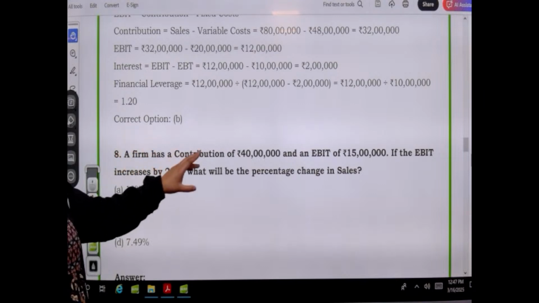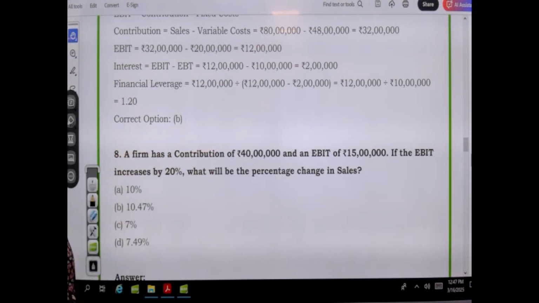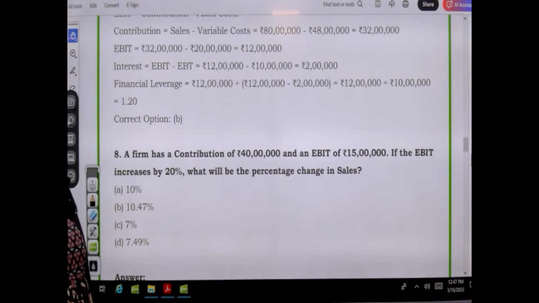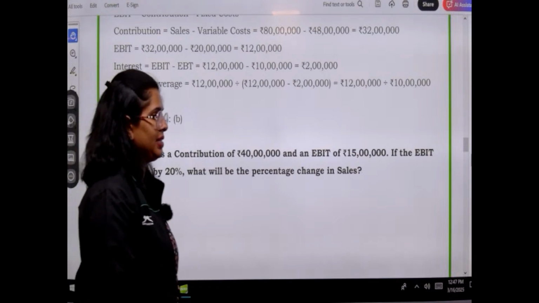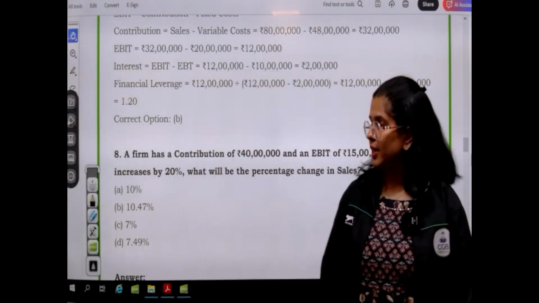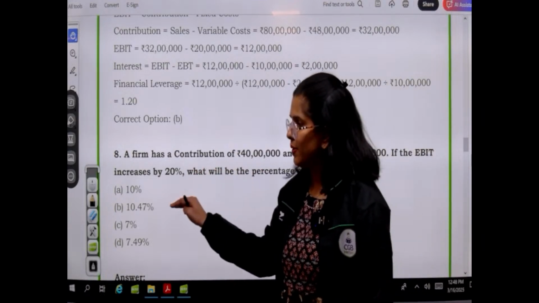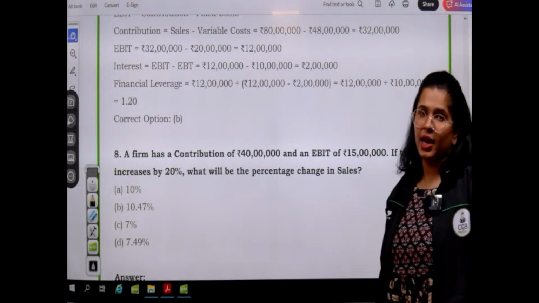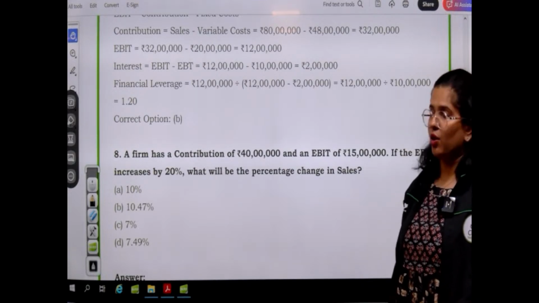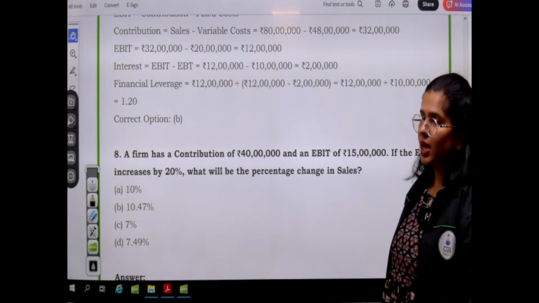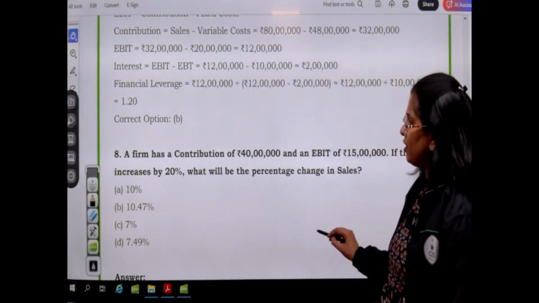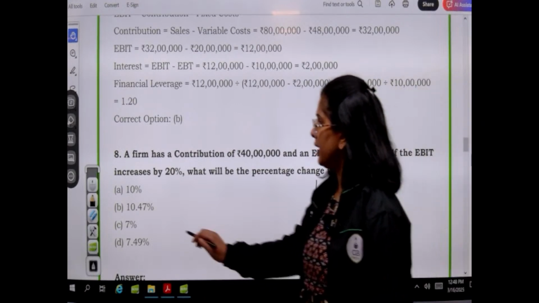So a firm has a contribution of 40 lakhs and an EBIT of 15 lakhs. If the EBIT increases by 20%, what shall be the percentage change in sales? They are asking what change will come in your sales if EBIT changes by 20%. The only thing you shall remember is degree of operating leverage. You should know the degree of operating leverage. Wait for a second.